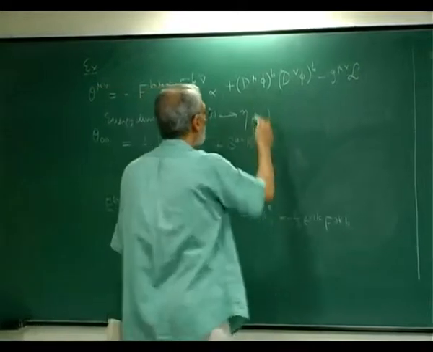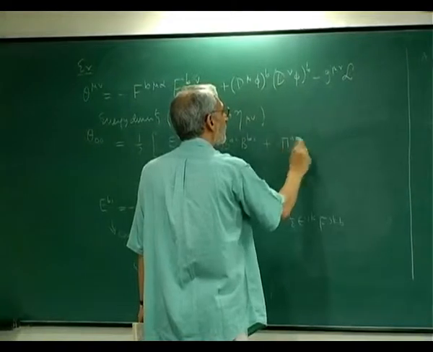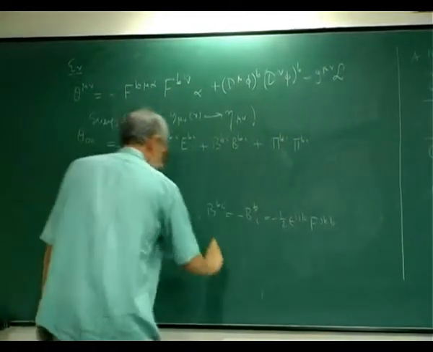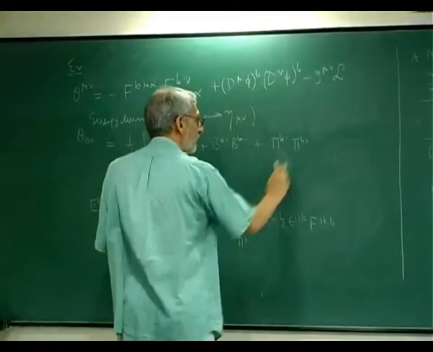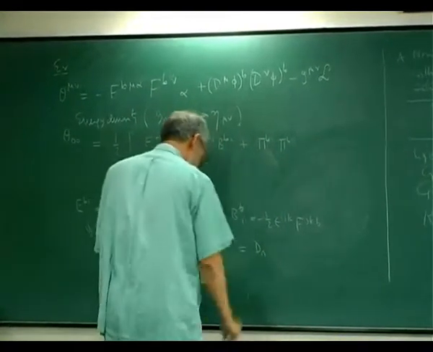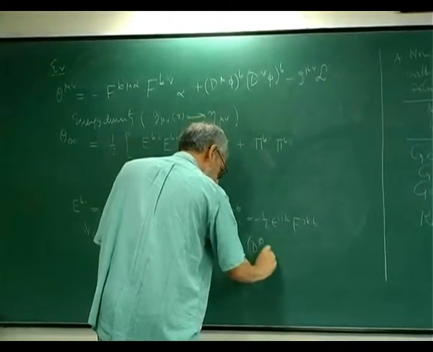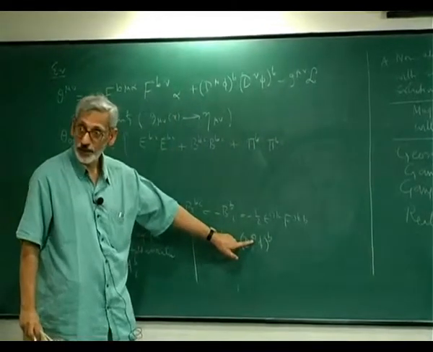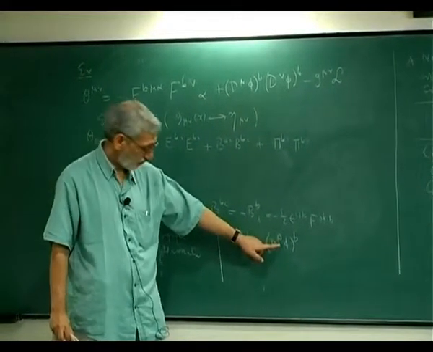Then we have from this object what I'll call pi^B times pi^B, where pi^B is the covariant derivative D_0 of phi^B. This is the covariant derivative in the time direction, because 0 is the time direction, of phi.